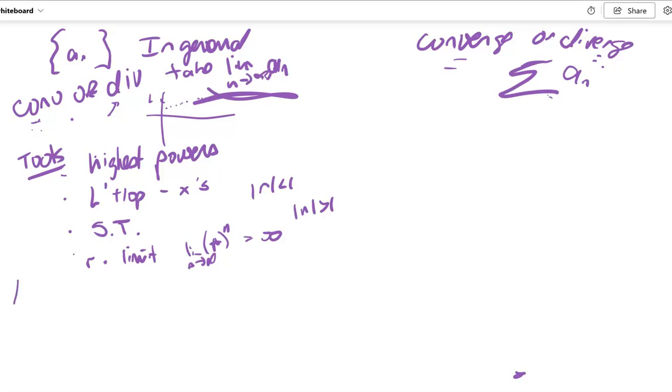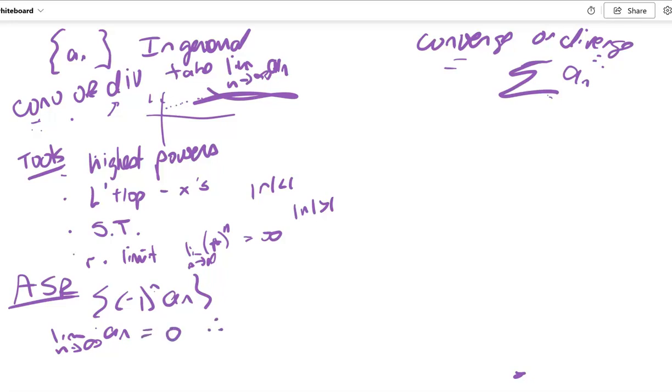There's one unique rule, and that's the alternating sequence rule, and that's when you have a changing sign, so -1 to the n or -1 to the n plus 1, however it is. The rule is you take the limit of the nth term only. You never put the -1 in there. If this equals 0, then you can say the whole thing converges to 0.